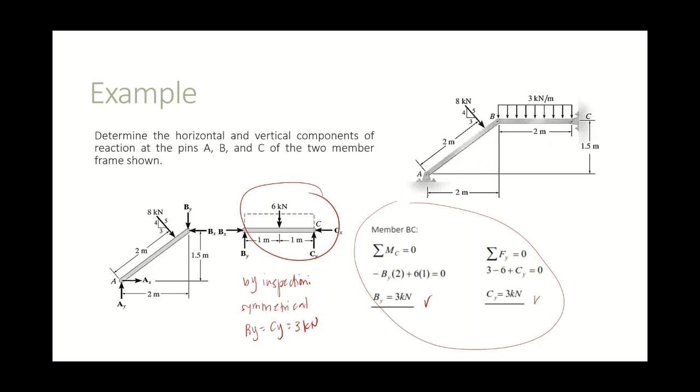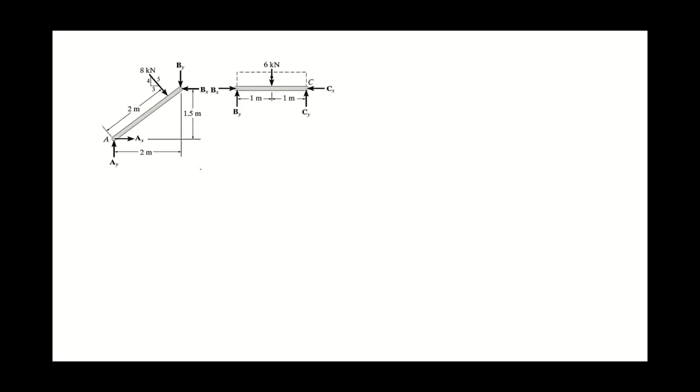So, 3 is the answer. Let's check. I'll put the values here. This is 3. This is 3. 3 and 3. Now, to get the value of AY, we can do summation of forces vertical. But if you notice, this is an inclined force.